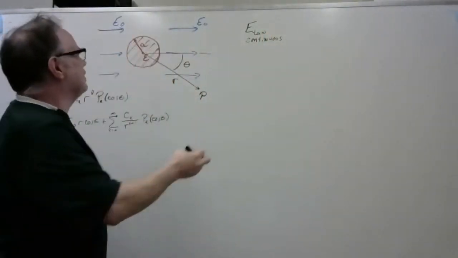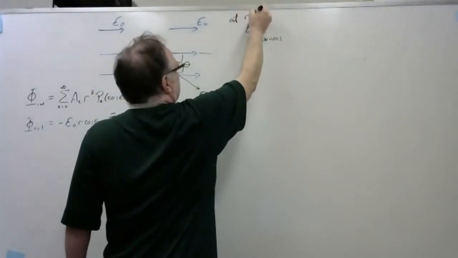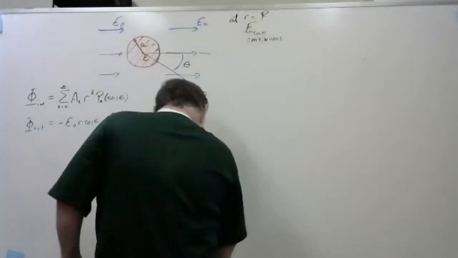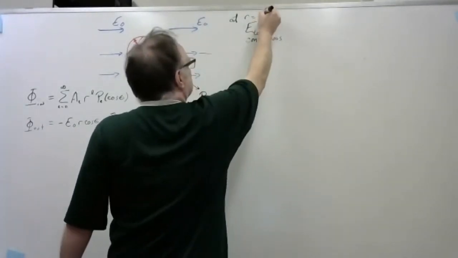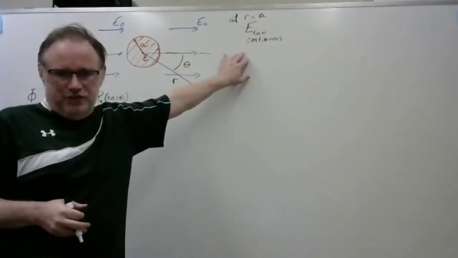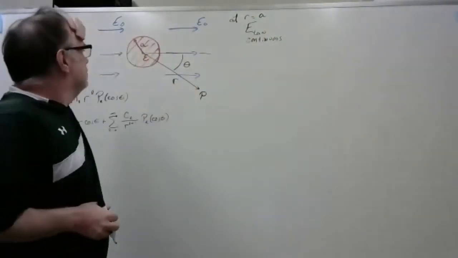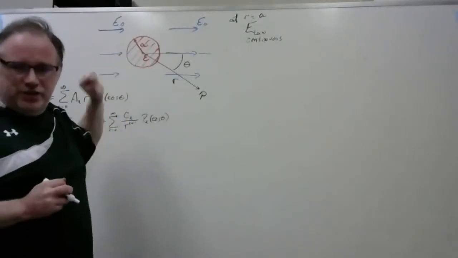So at the surface, at little r equals A, when I plug that in, I need my tangent component of the electric field to be continuous. The tangent component here is the one in the theta direction.